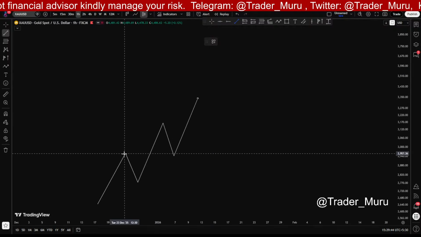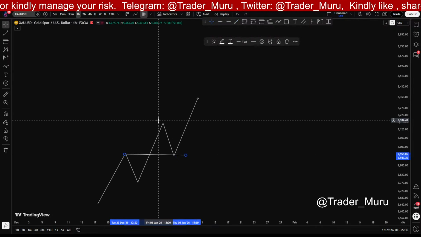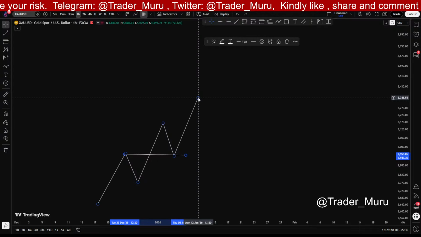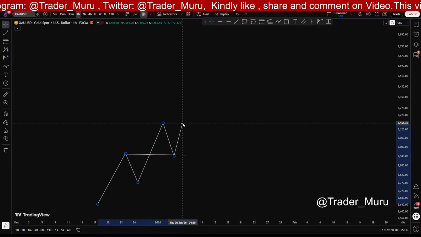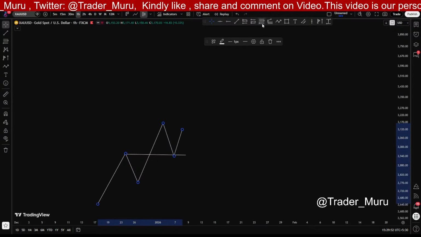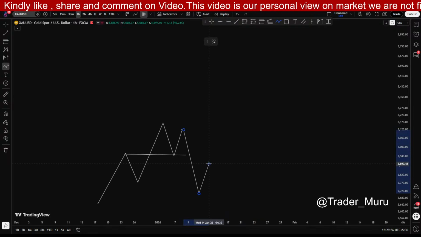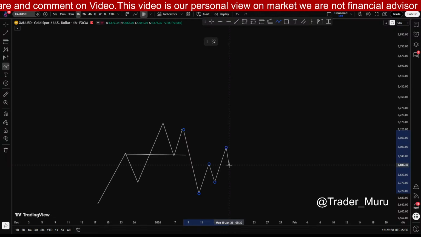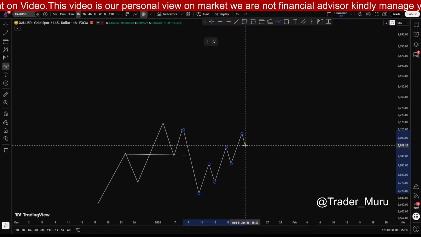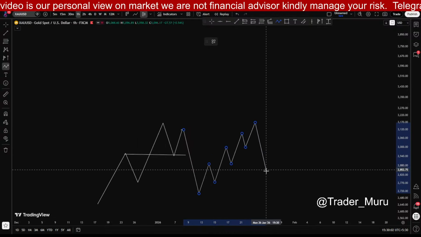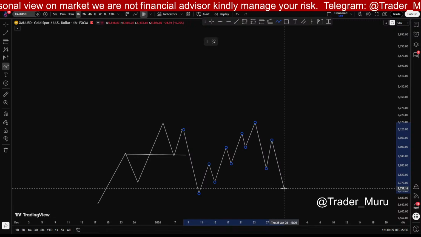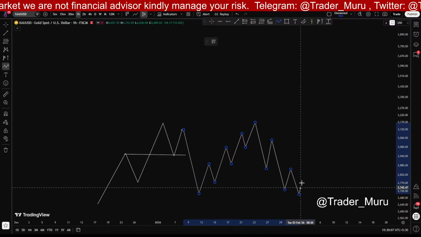I will be watching for a buy for the new high. But if the market is in range, what will it do? It will not create a new high. It will again drop and again create a new breakout structure here. For some time it will go like this, then again drop and create structure like this.